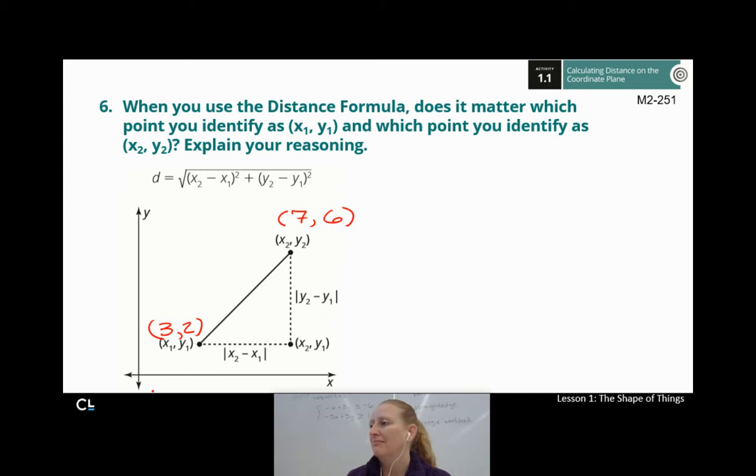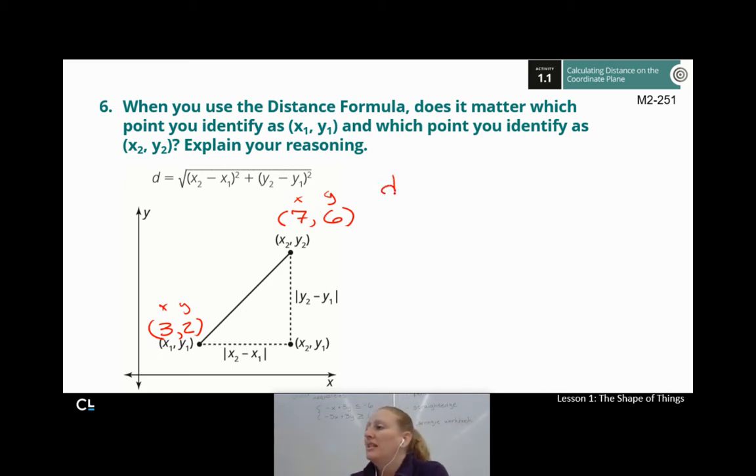Sounds good. Anytime you want to find the length of a side of something on a coordinate plane, or you want to find the distance between 2 points, you're going to use the distance formula. So I've got my x and my y, my x and my y, and it doesn't matter which one is first. It really doesn't.